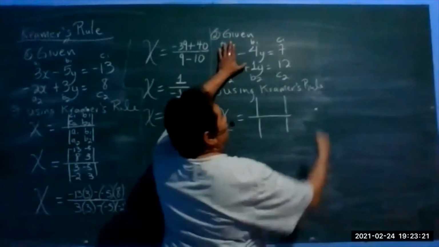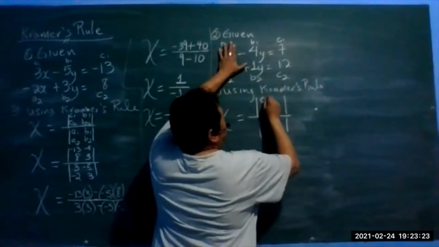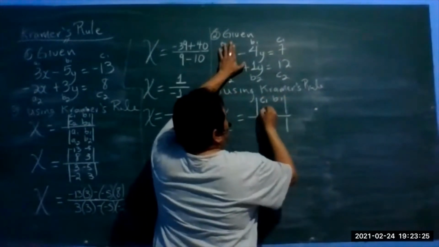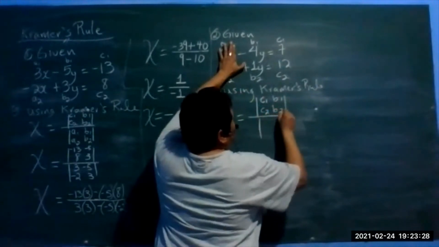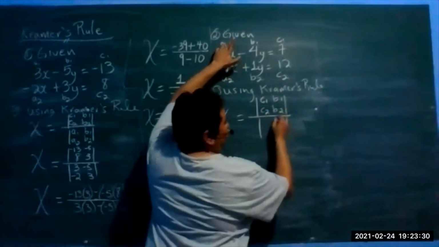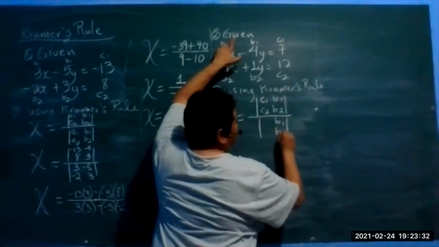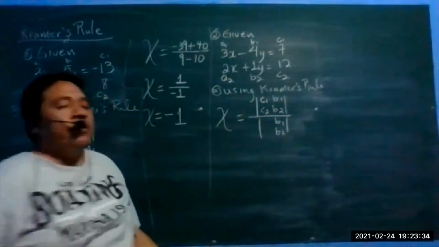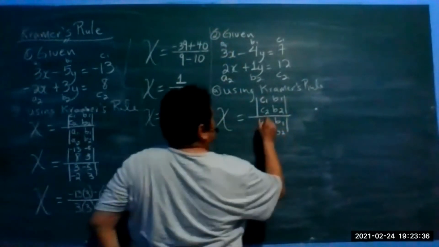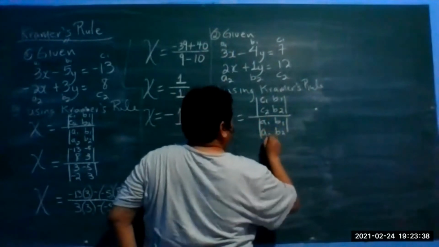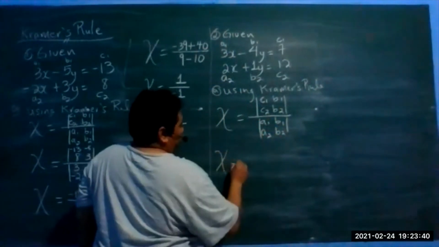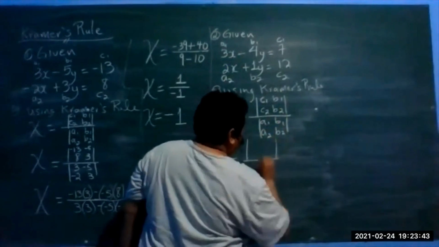So I'll cover this and I read backwards. C1, B1, C2, B2. The B1 and B2 will come down. And then you write whatever letter you have not written, which of course is A1, A2. Then from here, I will put in values now.